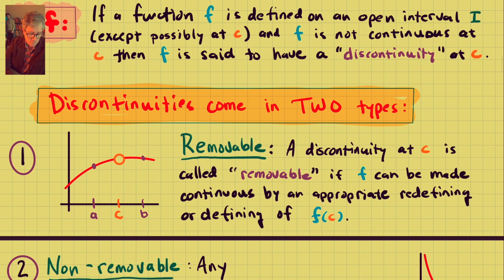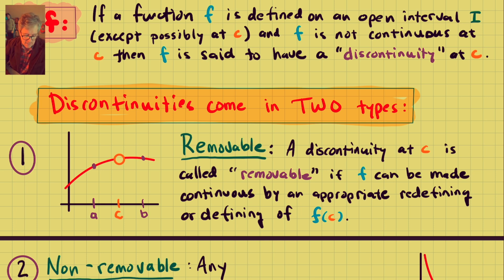And so for the hole, we use the term removable. A removable discontinuity looks like this, where you have a function and you just have some kind of a hole, like an issue with the domain in particular. That's usually the case. A discontinuity at c is called removable if f can be made continuous by merely redefining, or as the case may be, defining f at c.